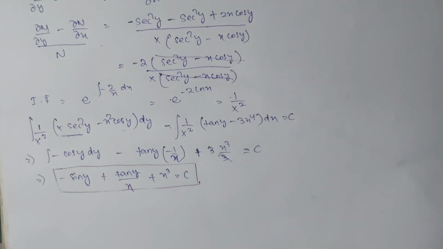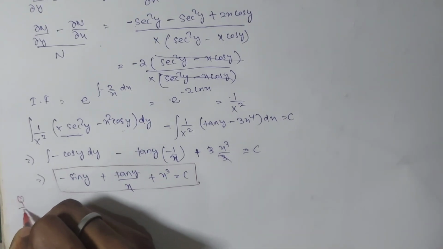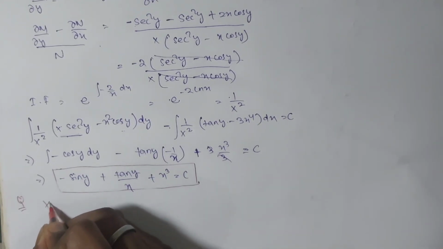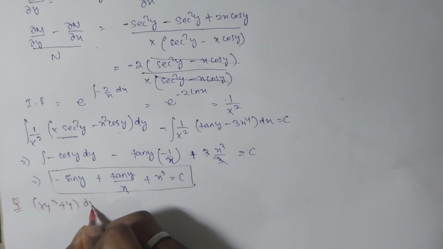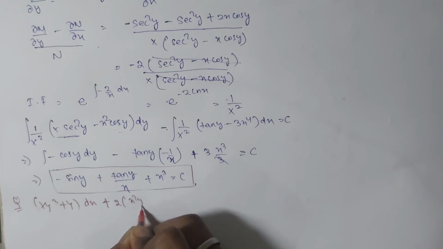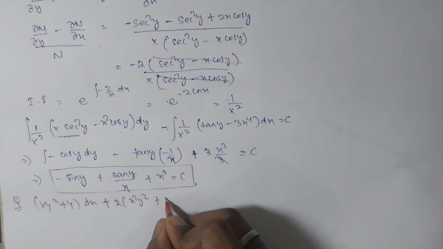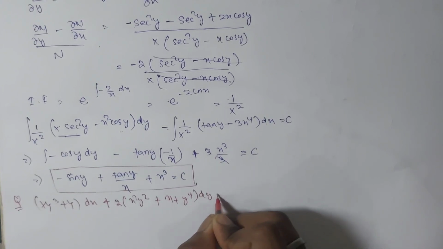So now let us take another example. x y cube plus y dx plus 2x square y square plus x plus y fourth dy equals 0.